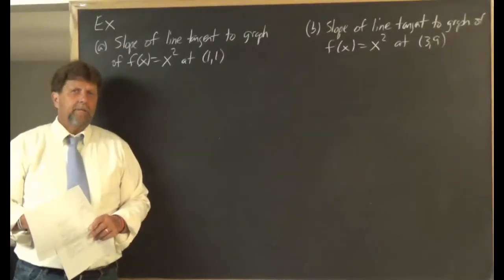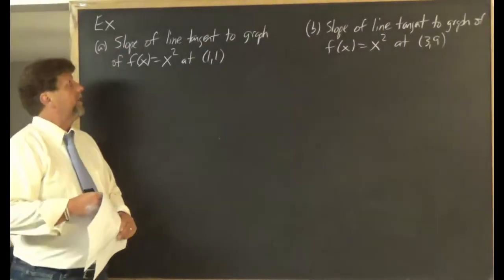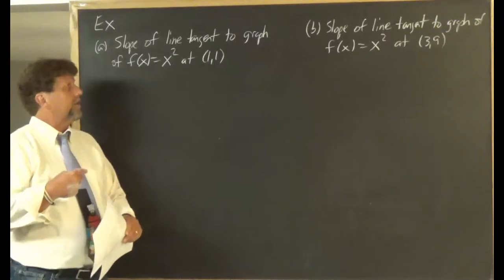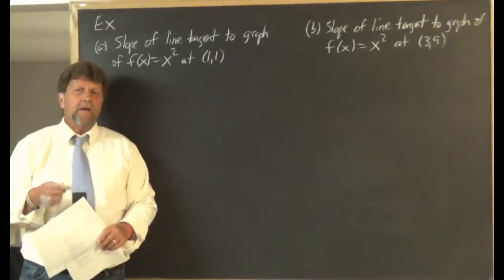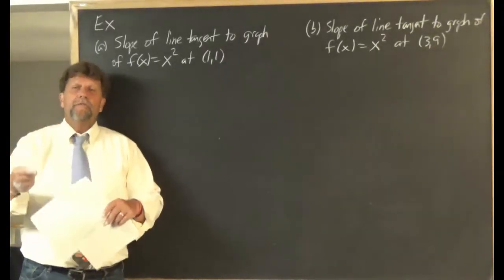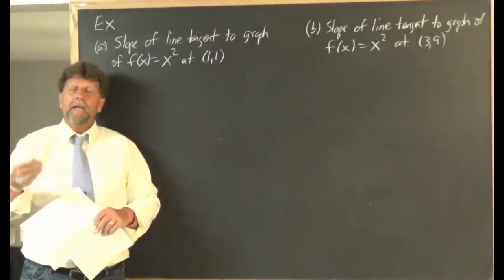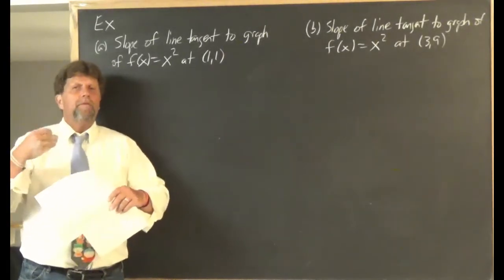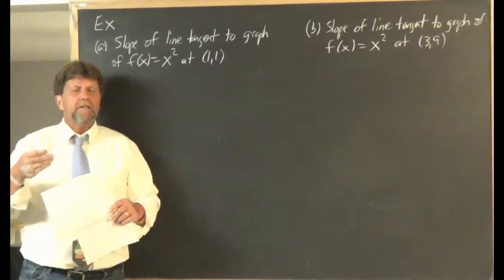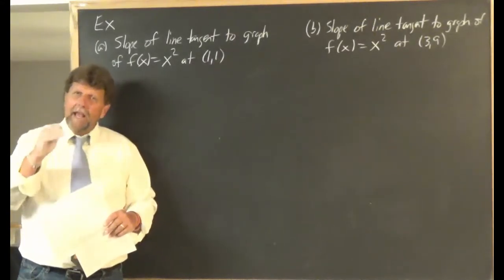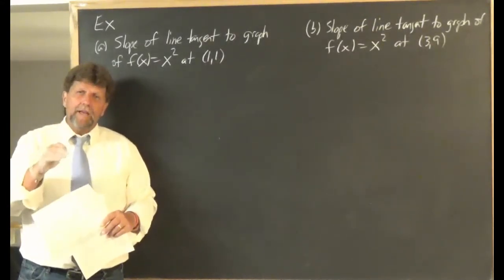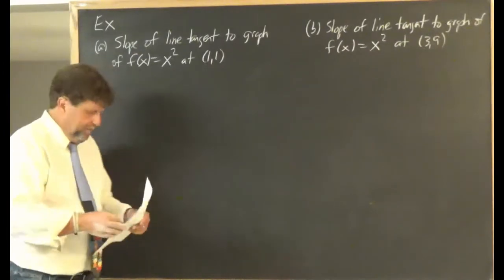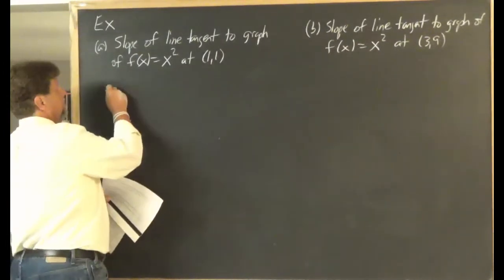All right, this example had two parts. In part A, we're going to find the slope of the line tangent to the graph of f of x equals x squared at 1, 1. This was the first example we did, and from making a table and a chart, we believe that the answer here is 2. But now we can show if it really is 2. So, here's how I would get started.